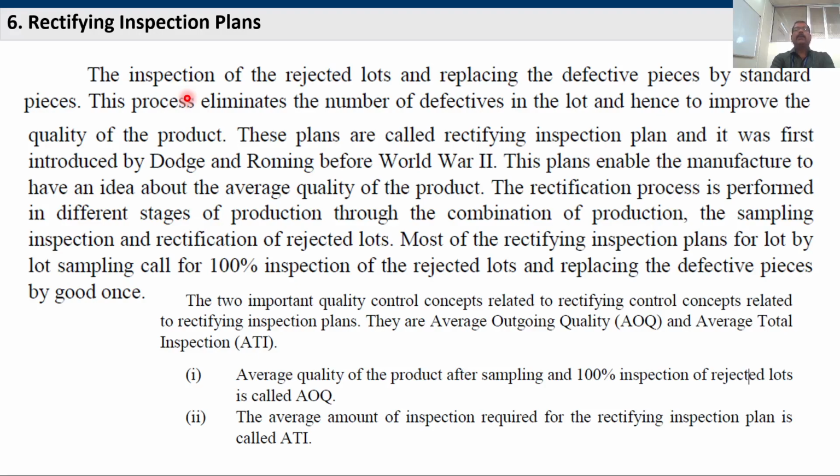In that case, for that particular 12th subgroup, the 6 samples you took, you replace with new ones and check again, and it is acceptable. If you do it that way, the process eliminates the number of defectives in the lot, and hence we are able to improve the quality of the product.